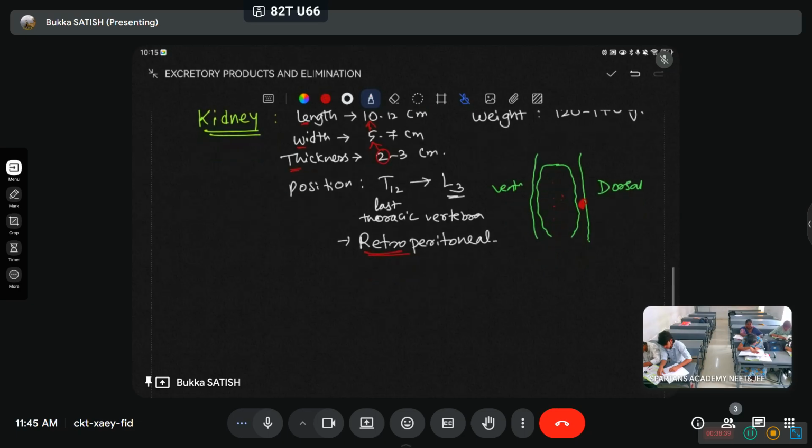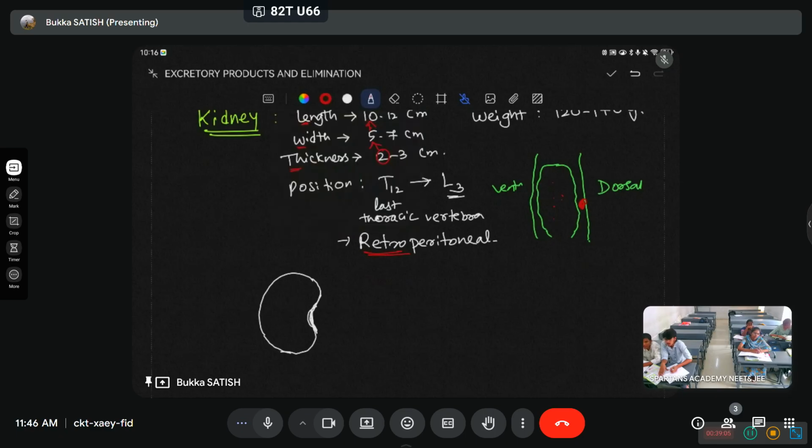Right. Next, each kidney, on one side, has a concave shape. This is the part through which it is connected to blood vessels.